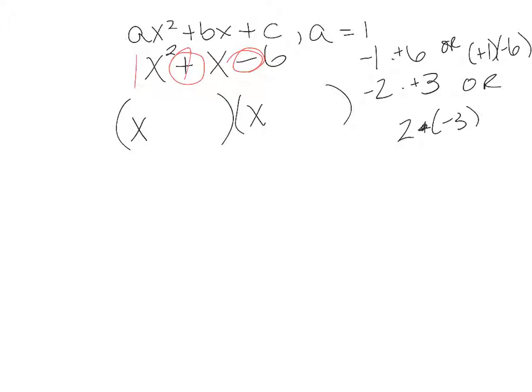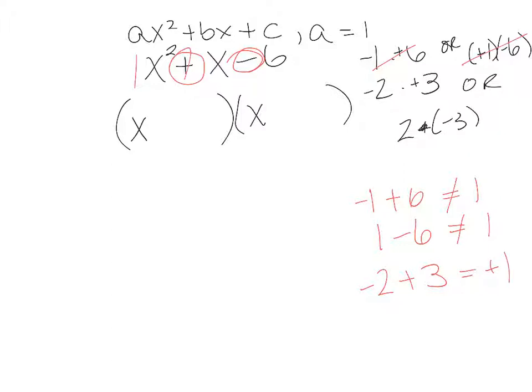So if I add the two factors, negative 1 plus 6, this does not give me a positive 1. A positive 1 minus 6, or plus a negative 6, does not give me a positive 1. So I know that those are out. It's not that one, it's not that one. I have negative 2 plus 3 gives me a positive 1.